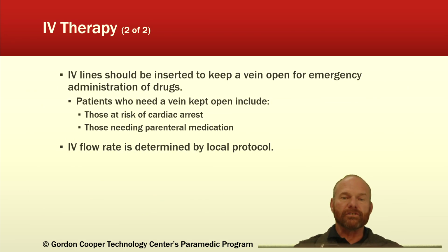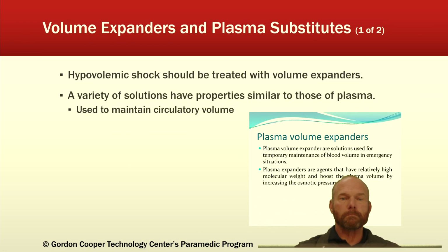IV lines should be inserted to keep a vein open, maybe a KVO, however you term it, for potential emergency drug administration. Who might need that? Those patients that might be subject to a cardiac arrest, so immediate access for resuscitation meds, or those needing parenteral medication, so you need quick access for necessary treatments. And the IV flow rate should be determined by your protocol to ensure appropriate delivery of fluids and medications.